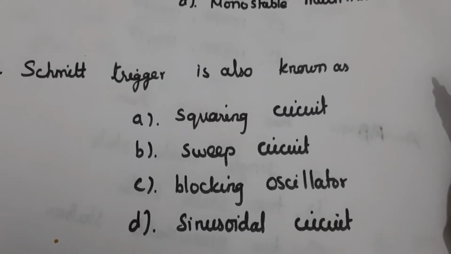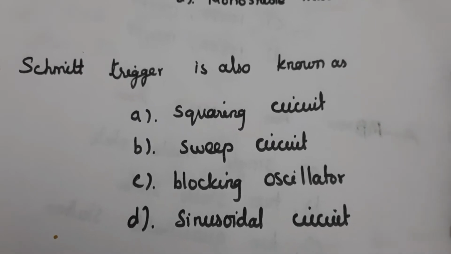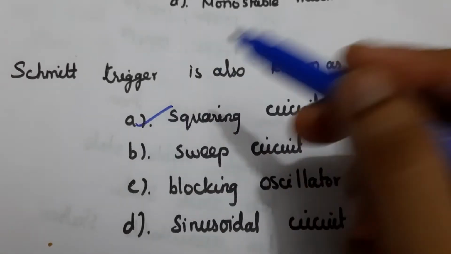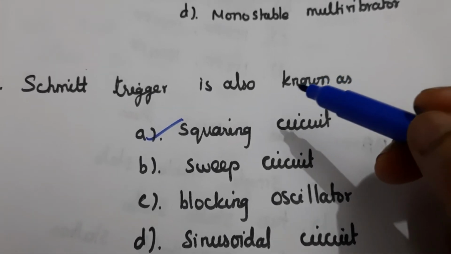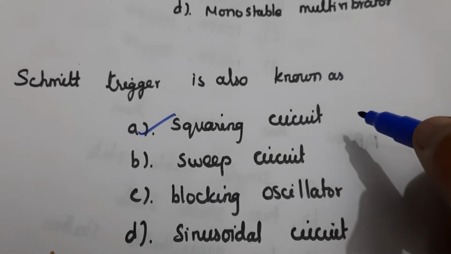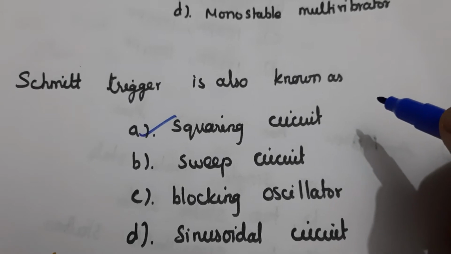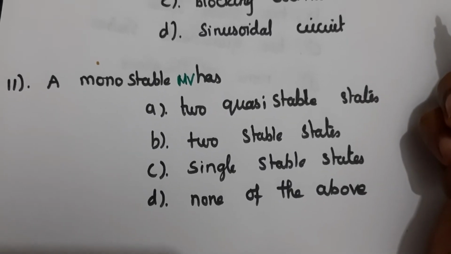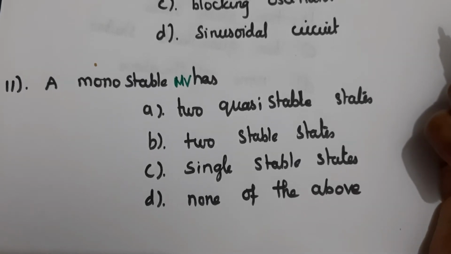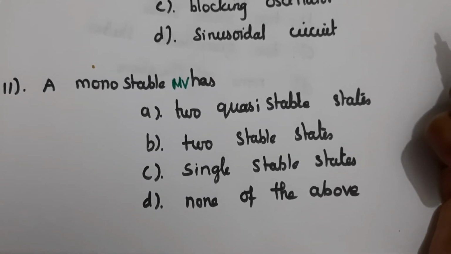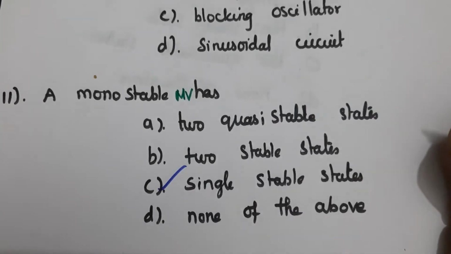And 10th question, the Schmitt trigger is also known as a squaring circuit. So here the answer is A, because the Schmitt trigger is used to convert a sine wave to a square wave. And 11th question, a monostable multivibrator has a single stable state. So here the answer is C.